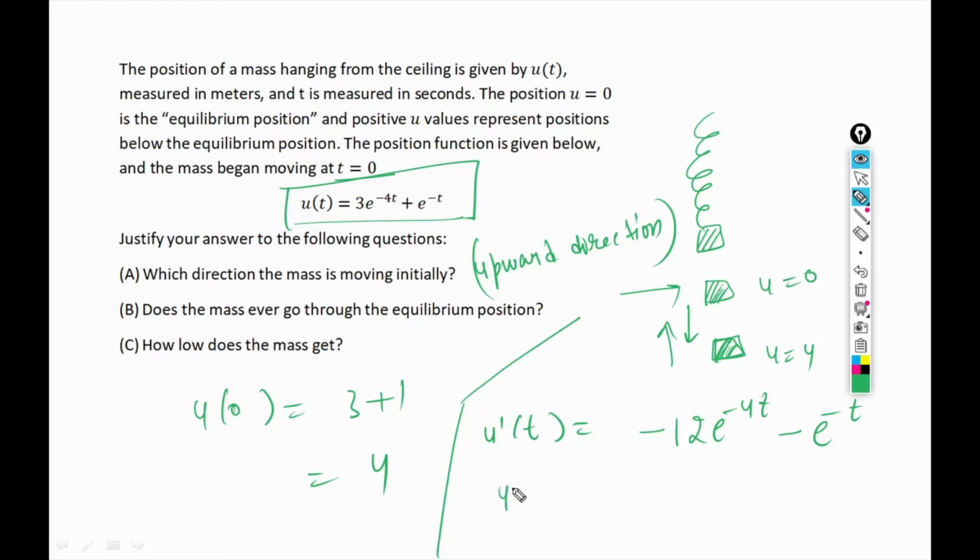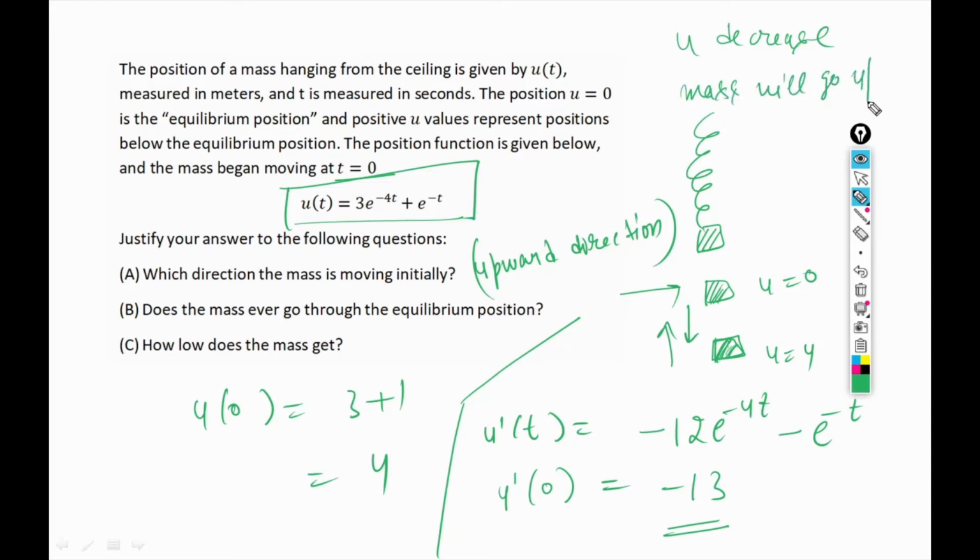Now if we calculate u dash 0, it equals minus 13. That means u is decreasing at t equals 0, and if u decreases, then the mass will go up.